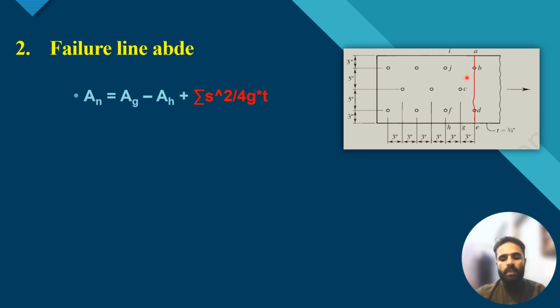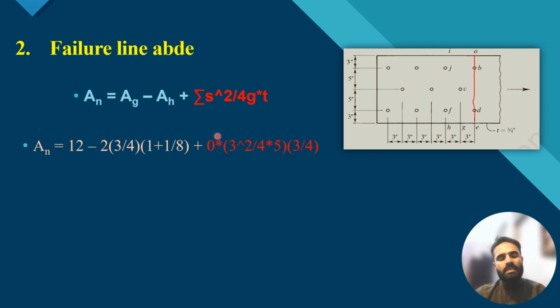Remember this. After putting the gross area, the total number of holes that occur in this path is 2. So I am putting the number of holes as 2, the thickness, and the diameter of the bolt with the tolerance, and 12 is the gross area. The red number is 0, meaning how many inclined lines are here?